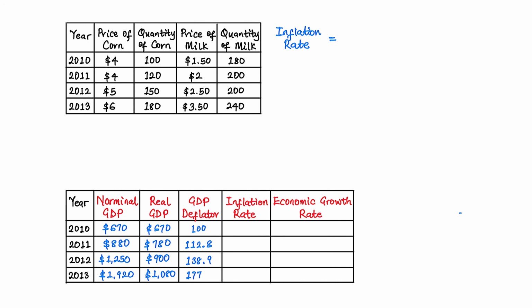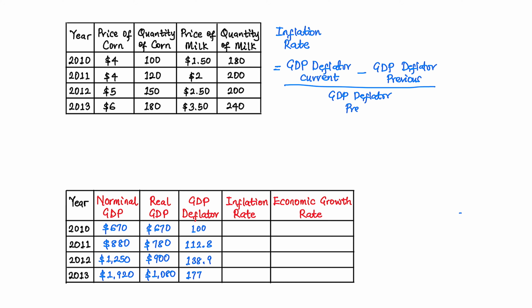The inflation rate is, just like any growth formula, the inflation rate equals the GDP deflator of the current year minus the GDP deflator of the previous year divided by the GDP deflator of the previous year. Then everything multiplied by 100. And this is the inflation rate for a particular year.